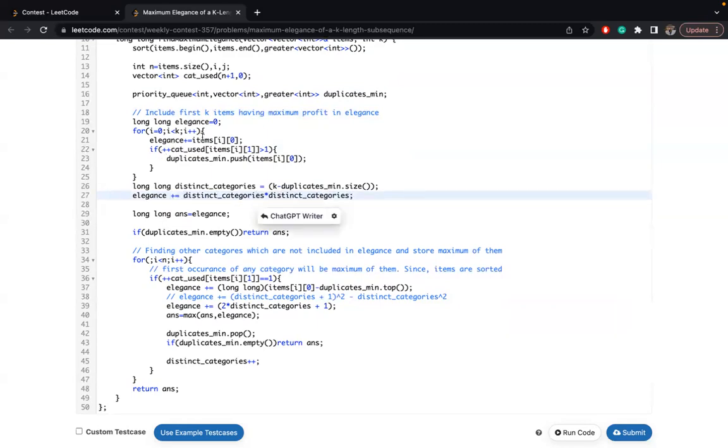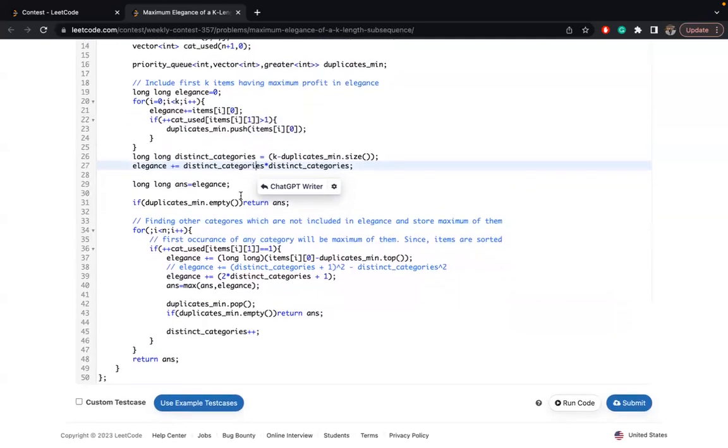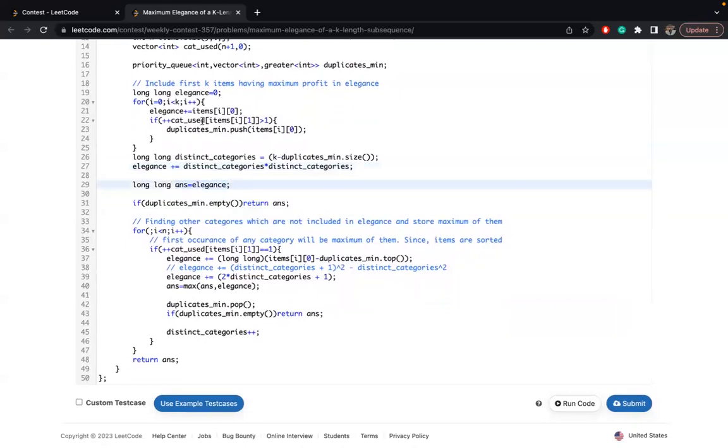I have already calculated total profits, and I'm just adding distinct categories squared. Okay, so I'll initialize the answer as the default elegance that I have just found. And the next thing I'll do is, if there are no duplicates, I'll just return the answer here only.